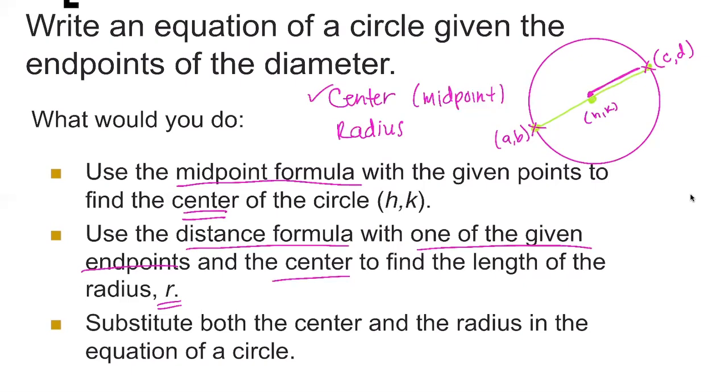We're going to use the distance formula between them to come up with our radius. Once you have those 2 pieces, we can substitute into our equation for our circle.